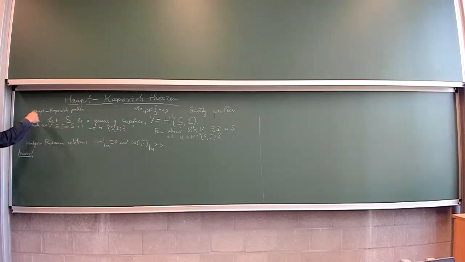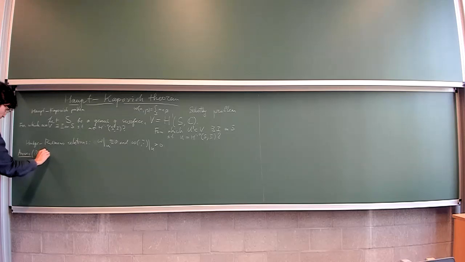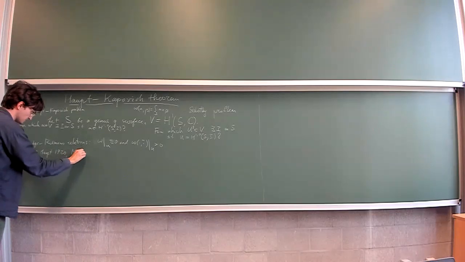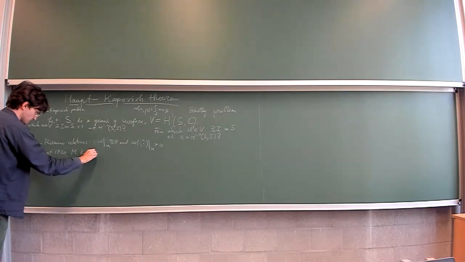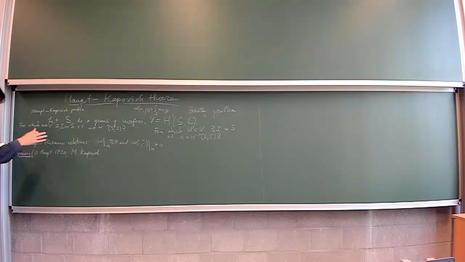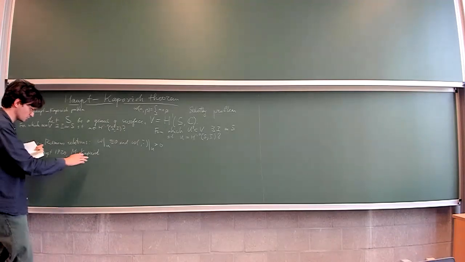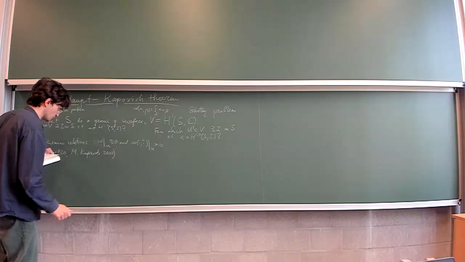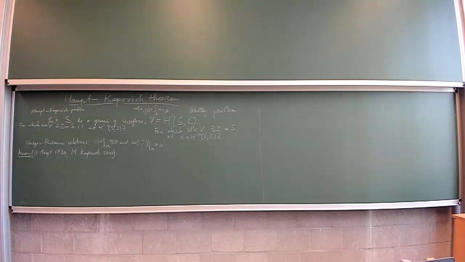which was given twice, as the name of the theorem suggests, first by Haupt in 1920, and then by Kapovich, who was not aware of Haupt because Haupt was writing in German, in the year 2000. And the answer is as follows.